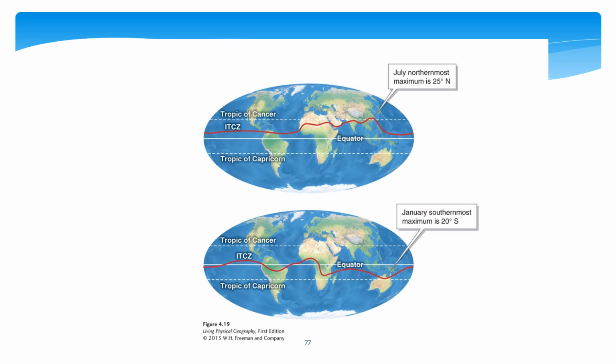If we look down at the southern hemisphere in January, it doesn't go down quite as low below the equator in the southern hemisphere as it does above the equator in the northern hemisphere during northern hemisphere summer. Also, once again, because of the differential heating between the land and the ocean. There's more ocean in the southern hemisphere.